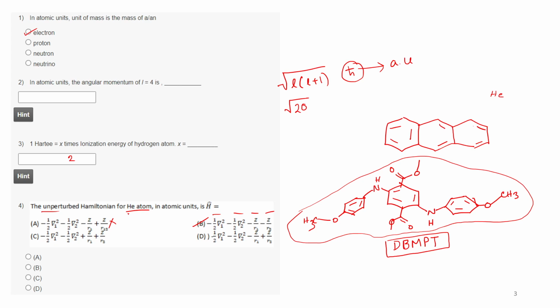Let me give you an idea about the orientation I talked about: is this benzene ring in the same plane as this benzene, what are the angles, what is the optimum bond distance. That can be calculated from computations.